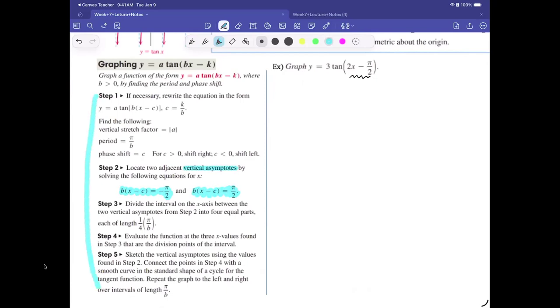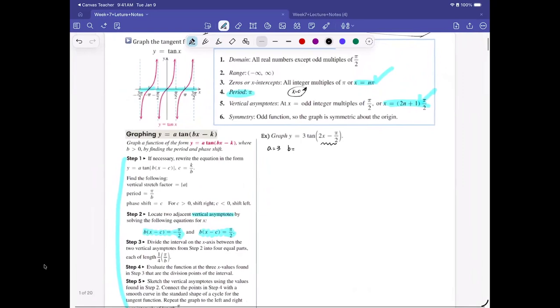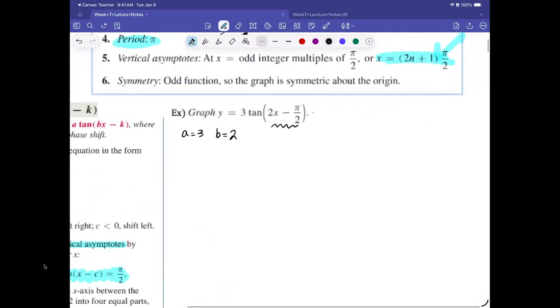Okay, so let's do this. Before we do step number 1, I'm going to figure out what is a and what is b. So a is 3 and then b is, there is no b. Can you see that? Oh, no. B is 2. Yeah, sorry. B is 2. So that one is actually tangent.